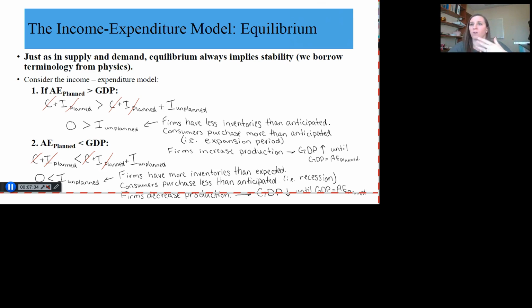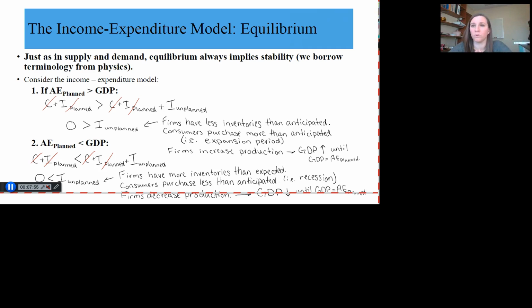Well, we're going to go through that whole proof again, cross out from the other side, and we say, okay, well, unplanned investment then has to be less than 0, which means firms are going to have less inventories than what they anticipated because consumers bought more than the firms thought they were going to.